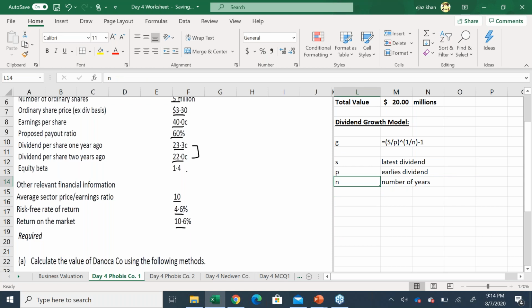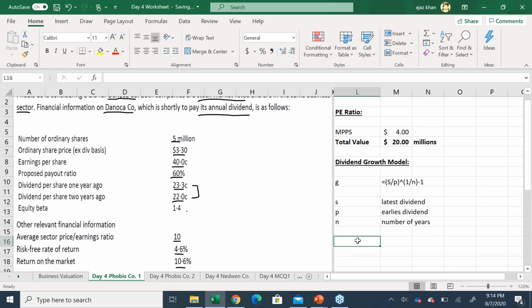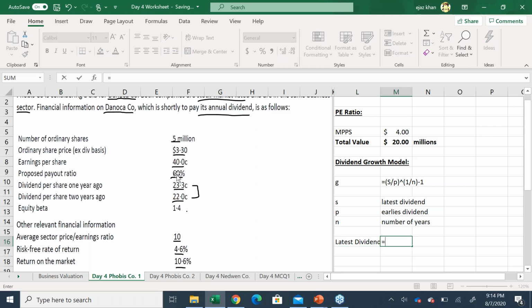Now, the latest dividend is the dividend that is shortly to be paid, and we need to find out that dividend. So the latest dividend will be, the payout ratio is 60% and the earning per share of the company is 40, so the latest dividend will be 24 cents.